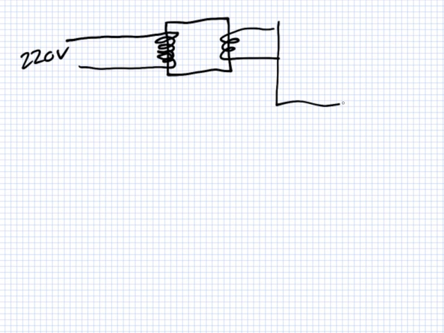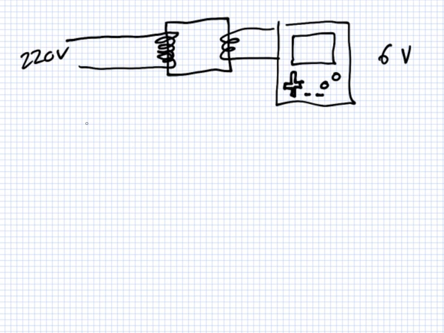So you want to play your Game Boy here. Come on, you know what this is. Right, so here you have 6 volts. So V1 over V2 equals N1 over N2. What's N1 here? 4,400.